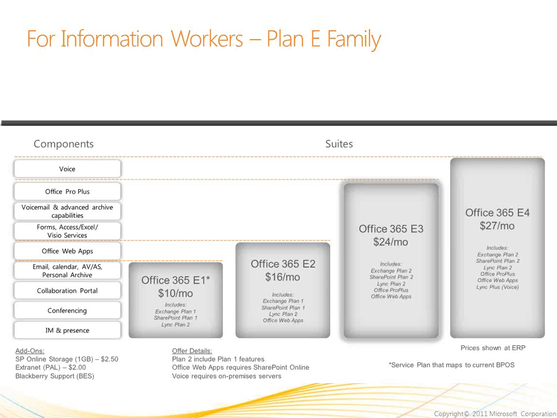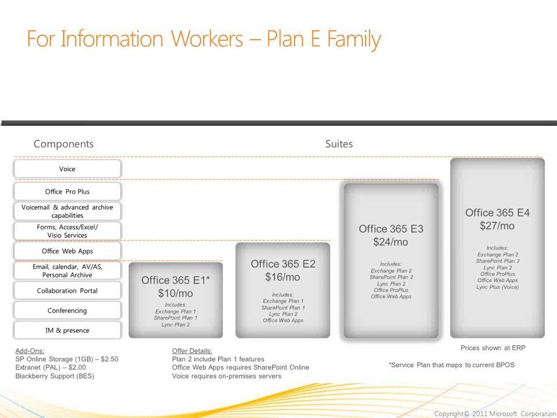Same thing with the other plans. As we move up, we get more features. Office Web Apps, which is a very useful web-based version of the Office apps, makes it much quicker to access different applications when you're on the SharePoint server. That starts in the E2 plan. Microsoft always likes to have a lot of flexibility for cost to benefit the users and a lot of choice.